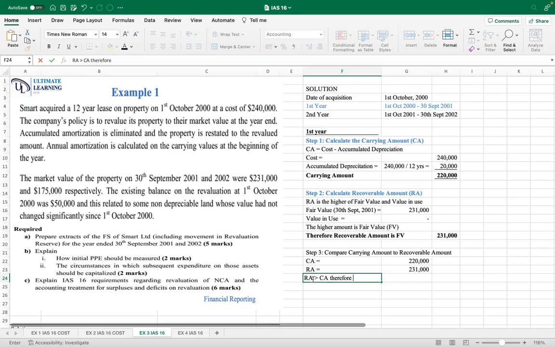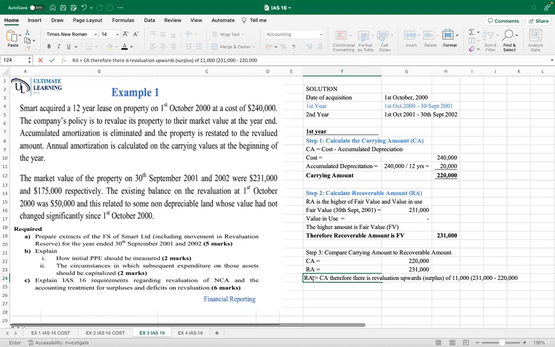Therefore, there is revaluation upwards. Upwards is also called surplus of 11,000. How did I get 11,000? 231,000 minus 220,000.